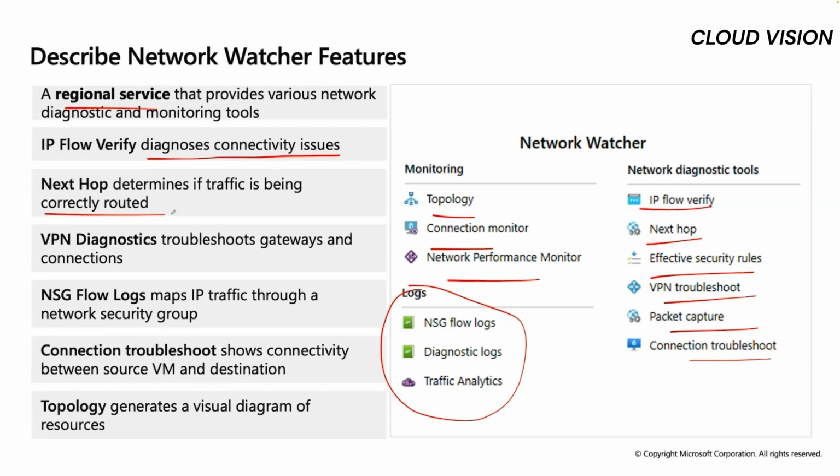VPN diagnostics troubleshoots gateways and connections, whereas the NSG flow logs tool maps IP traffic through a network security group. Okay, and then connection troubleshoot shows connectivity between the source VM and the destination, and the topology tool generates a visual diagram. It's more like an org chart, a hierarchical diagram of all your resources.